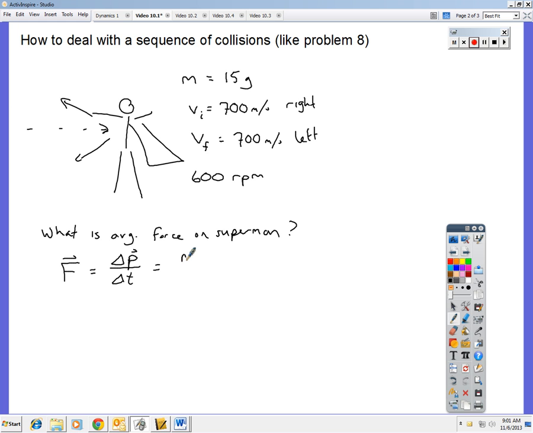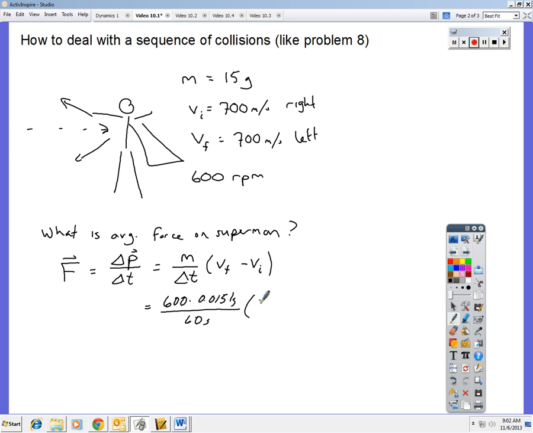And that means the total mass of bullets that hit Superman in a time delta t times the change in velocity of each bullet. If delta t is 1 minute, then the total mass that hits Superman is 600 times 15 grams, which is 0.015 kilograms, divided by 60 seconds.